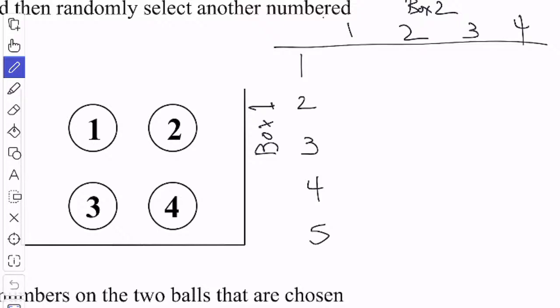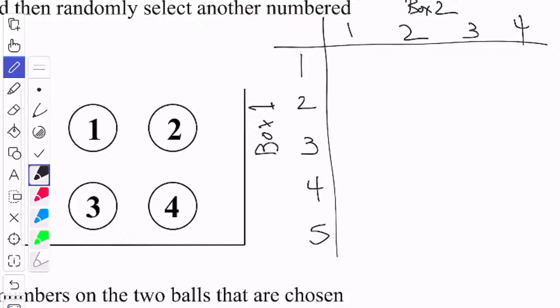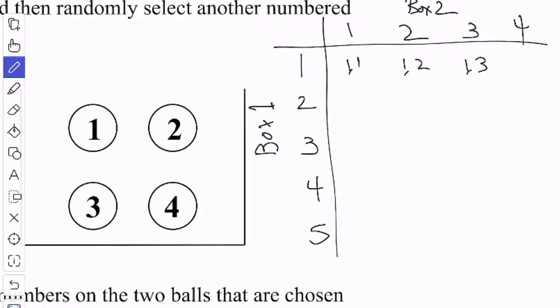So here's your matrix. And the possible outcomes are 1 with 1, 1 with 2, 1 with 3, 1 with 4, 2 with 1, 2 with 2, 2 with 3.